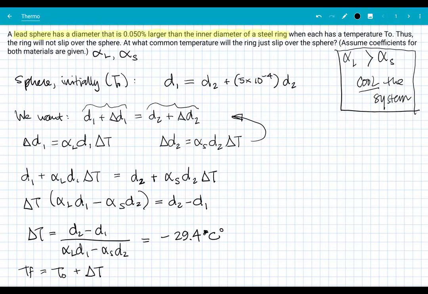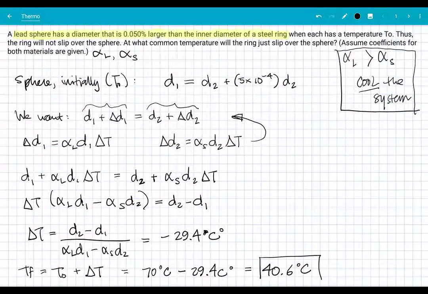So our numeric answer for final temperature is going to be 70 degrees Celsius minus 29.4 Celsius degrees. That gives us 40.6 degrees Celsius. So this is our final temperature, the target temperature for which the ring will fit over the sphere.